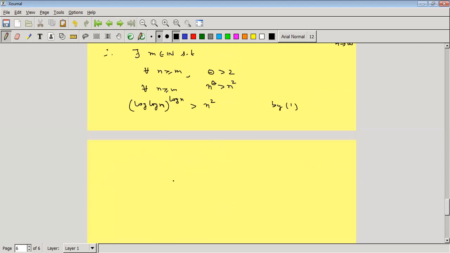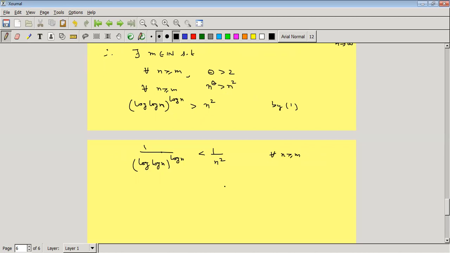Now if we take the reciprocal, 1 upon (log n)^(log n) is less than 1 upon n^2, and this is true for every n greater than or equal to m.